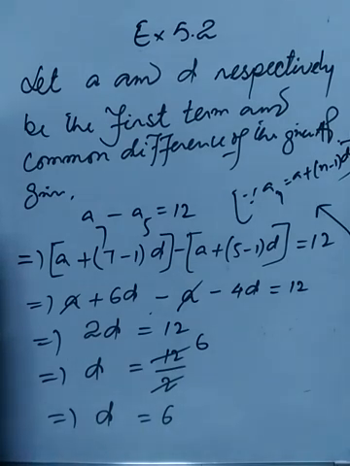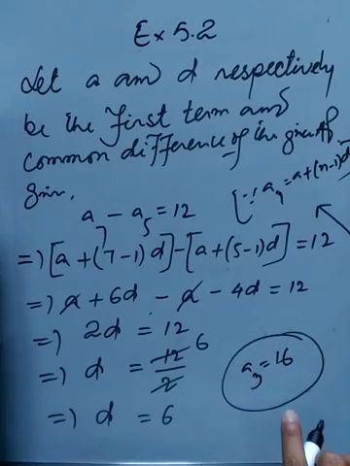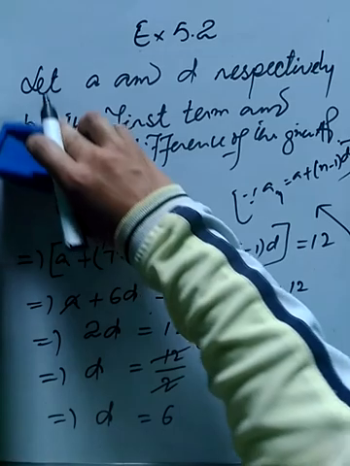The next step will be, we have to find out the first term using the other condition. What is the other condition? The third term is 16, a3 is 16. Using this we have to find out the value of a. So let me just rub this part.